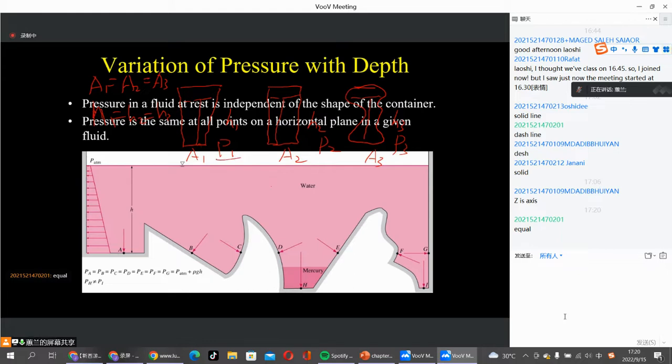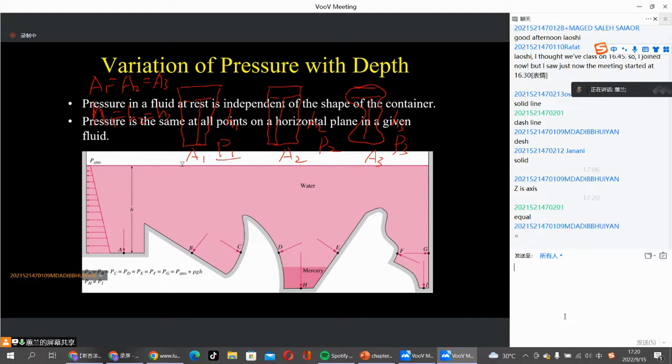Yeah, they should be equal with each other, right? Thank you very much. They should be equal with each other. Why? Because pressure force is equal to the pressure times the area of the bottom, right? And the pressure at the bottom is equal to what? It is equal to the pressure at the free surface plus the weight due to the water, which is rho g h, right?